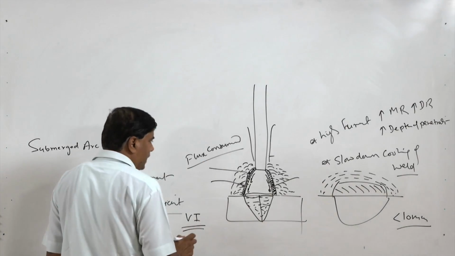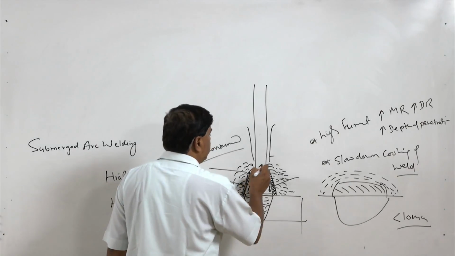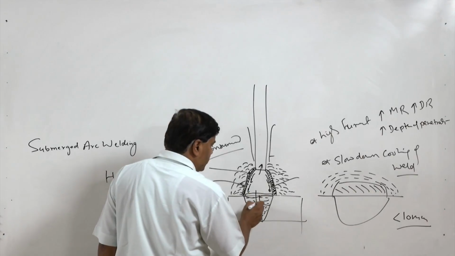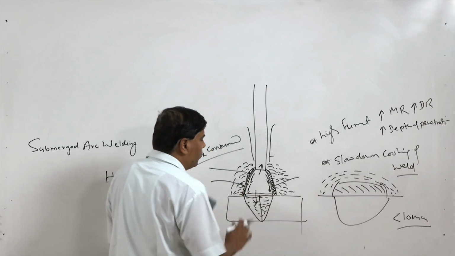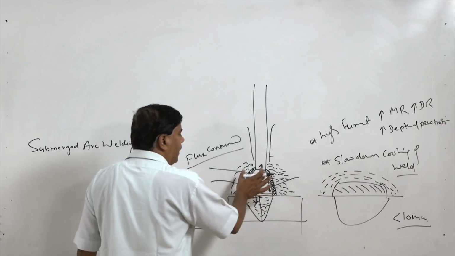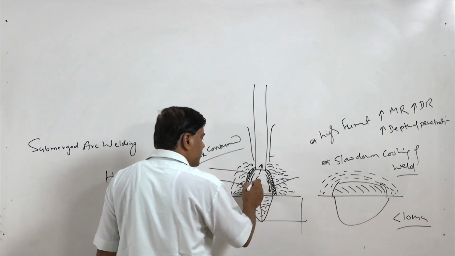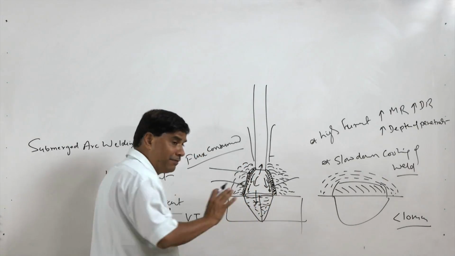To see that, part of the heat will be used for melting of the electrode and part of the heat will be used for melting of the base, and whatever heat is there in the welding arc is very much conserved by the molten layer of the flux.